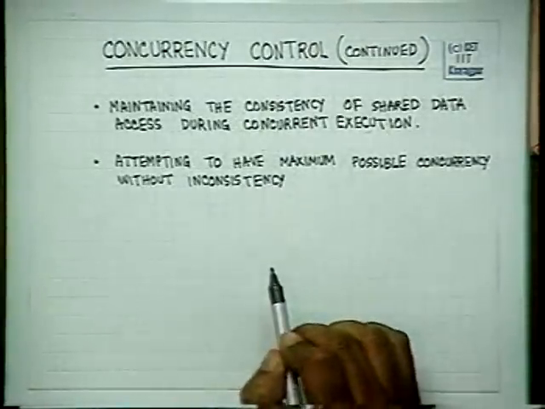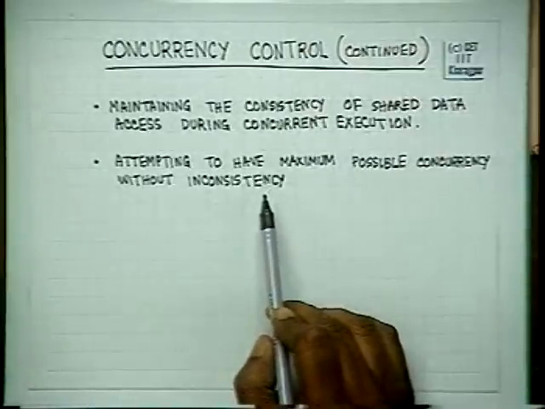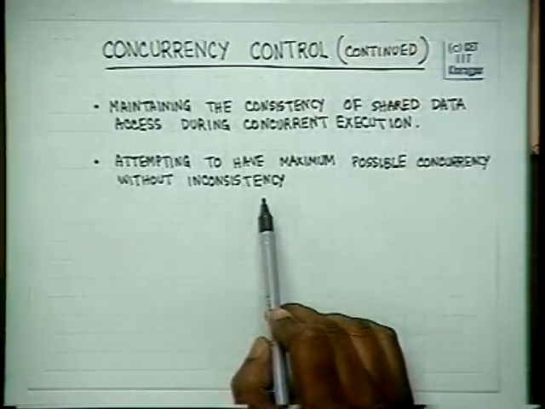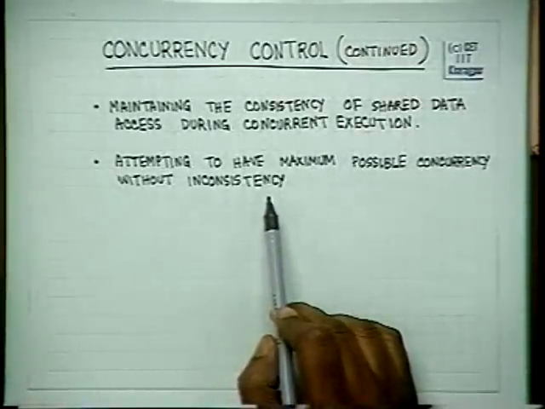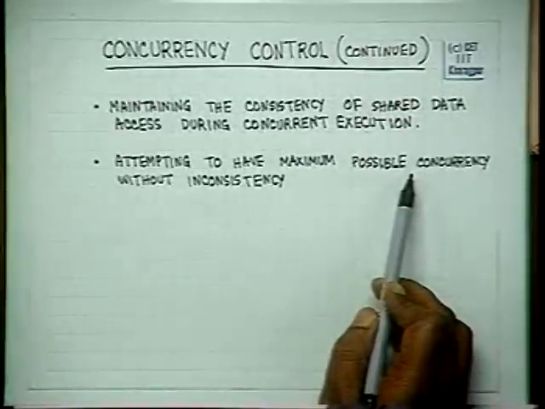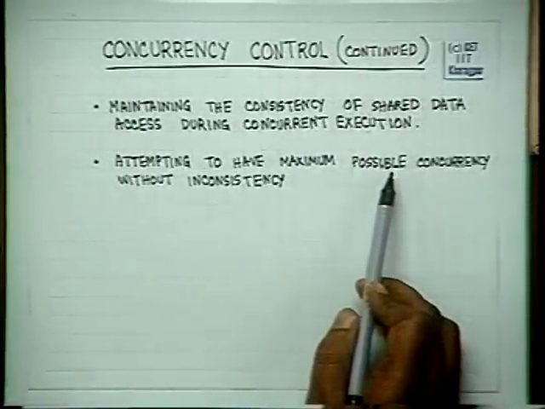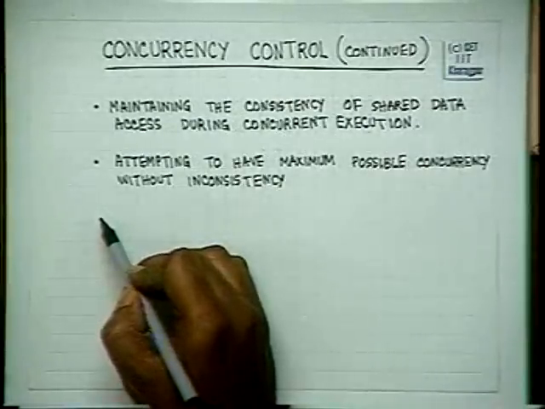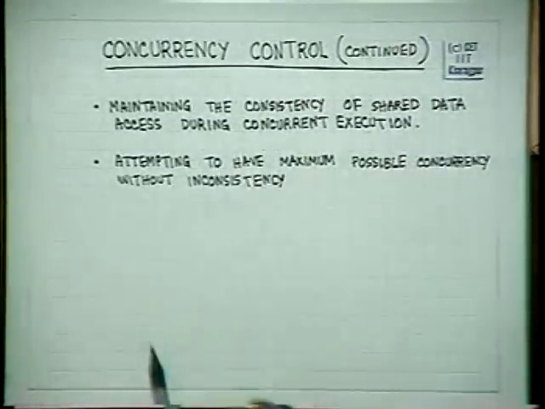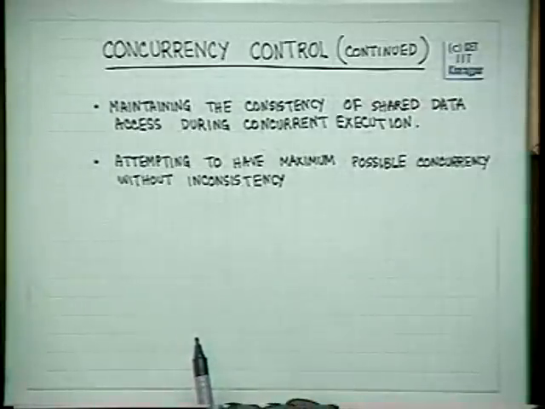That is, instead of we can have concurrent execution by serializing everything, but that is not what we want. We want to achieve maximum concurrency because this provides maximum throughput. And in order to have these two, we try to do it in various ways.